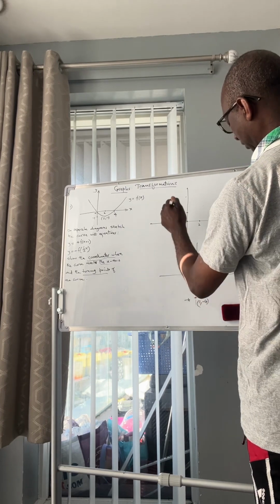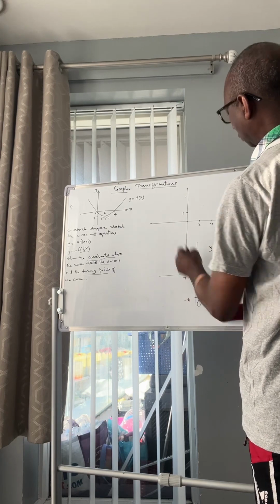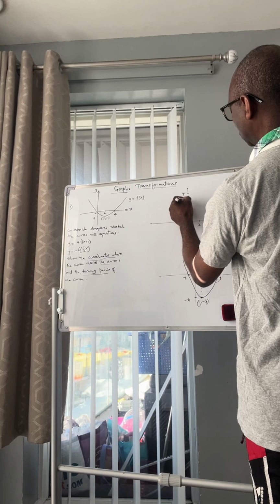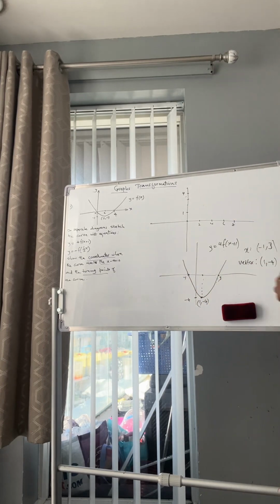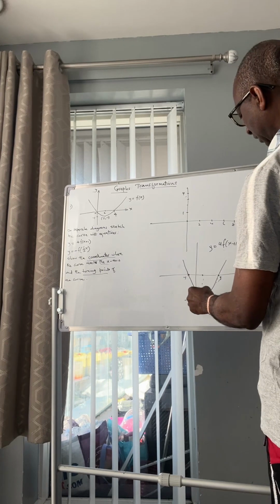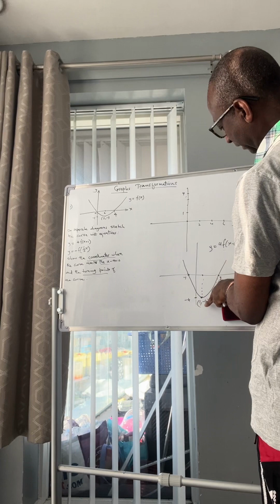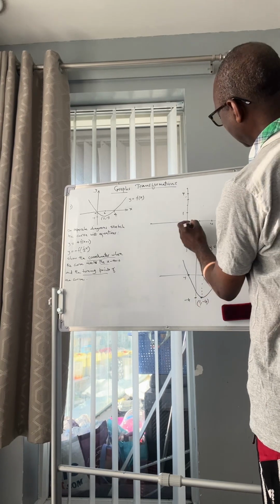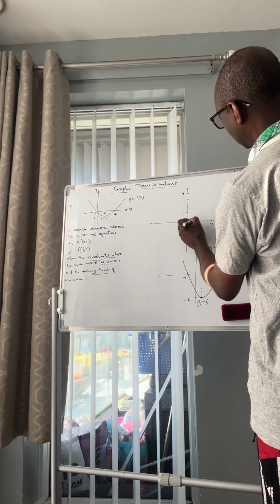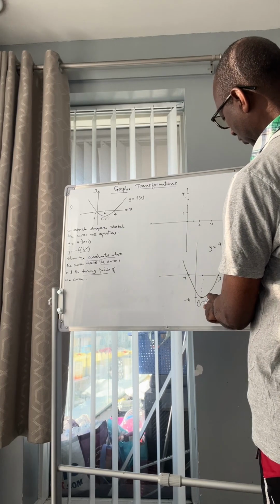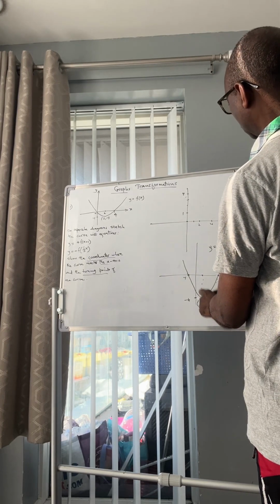On the y, it was minus 4, now it's going to be 4. 1, 2, 3, 4. So on the x it is 1, and on the y is 4.